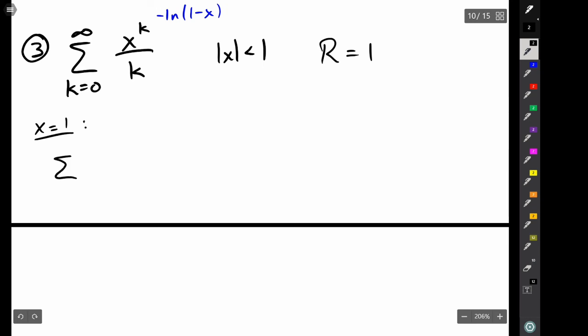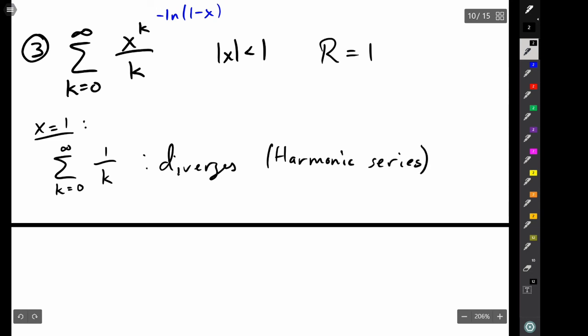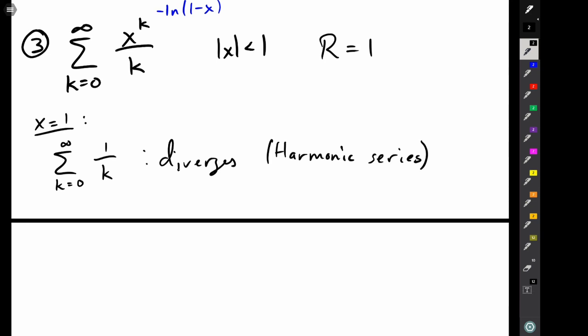If we do that, we get the sum from 0 to infinity of 1 over k. And we know this diverges. This is the harmonic series. If you wanted to verify that, you would use the integral test.